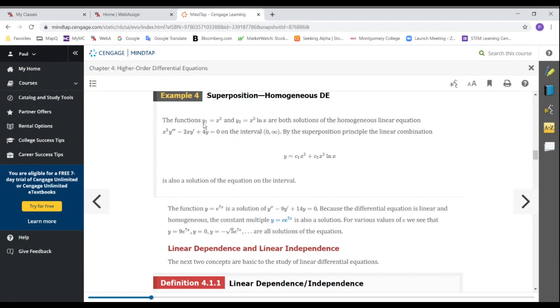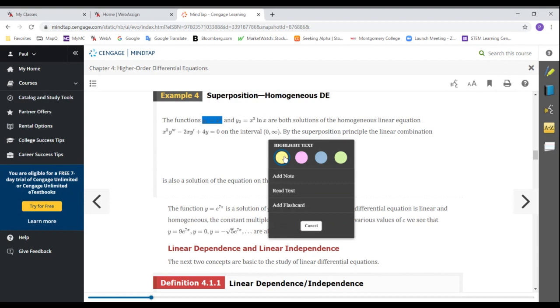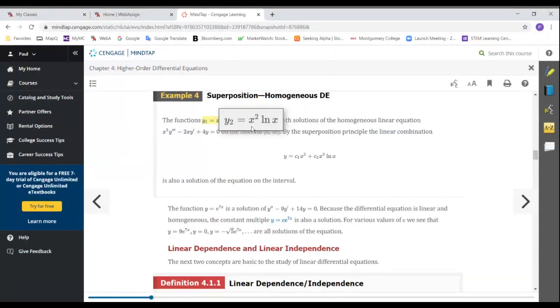Let me highlight them so you can see them there. Are these two solutions constant multiples of each other? Can I take a constant times y1 and get y2?